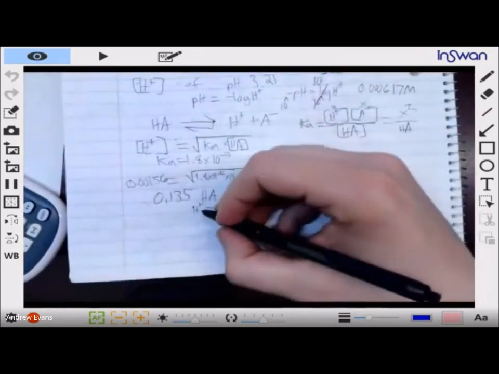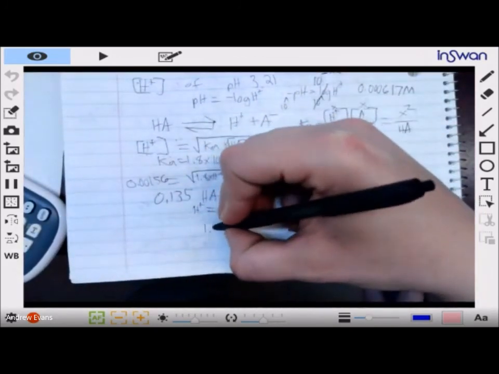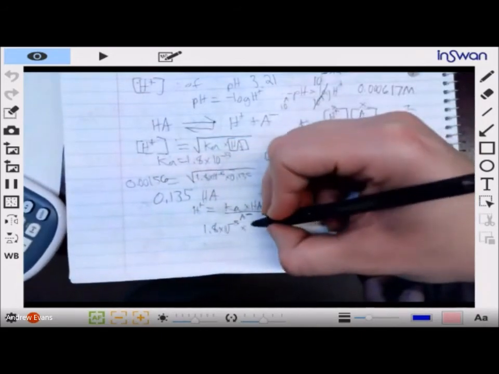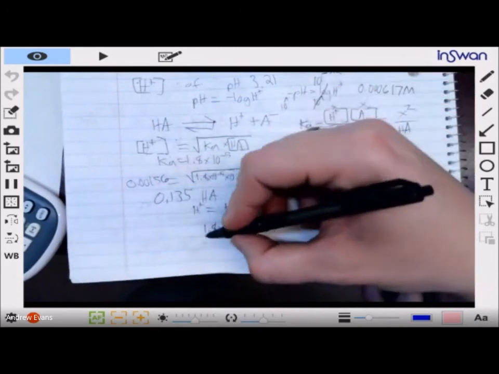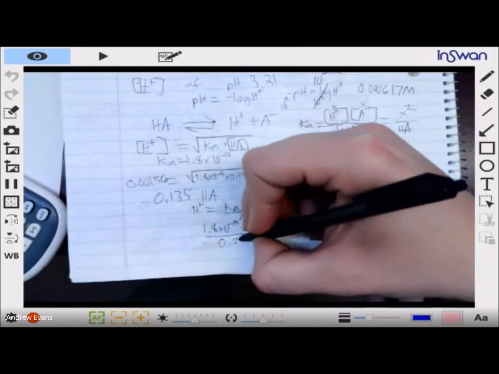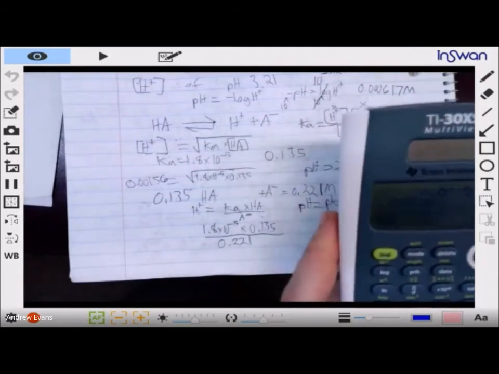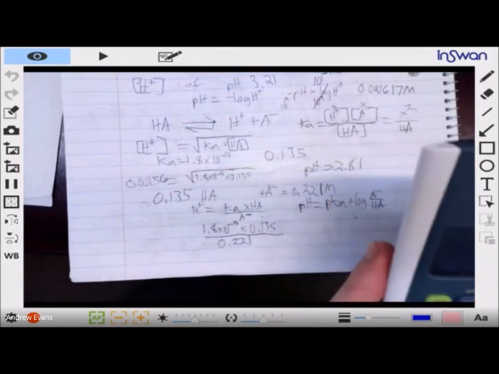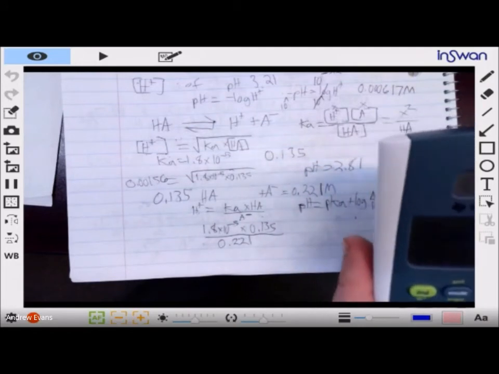Let's just solve for H plus using this. Let's make it easier on ourselves. 1.8 times 10 to the negative fifth times 0.135. Now, instead of square rooting this, I'm dividing by my A minus, which is 0.221. So to figure out how much acid do I have, 1.8 times 10 to the negative fifth times 0.135 divided by 0.221.